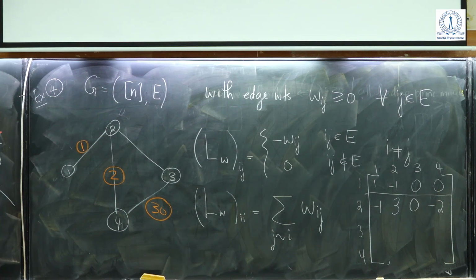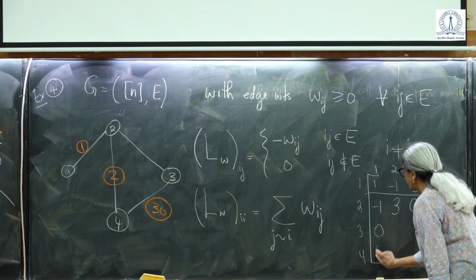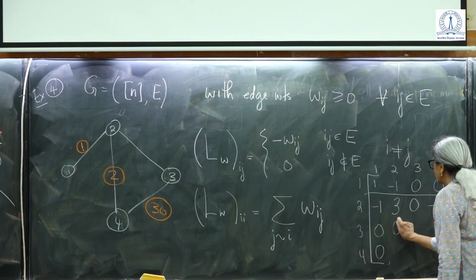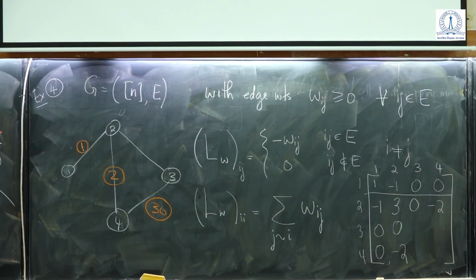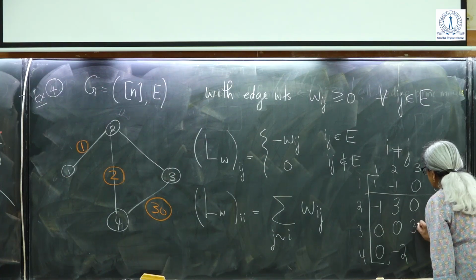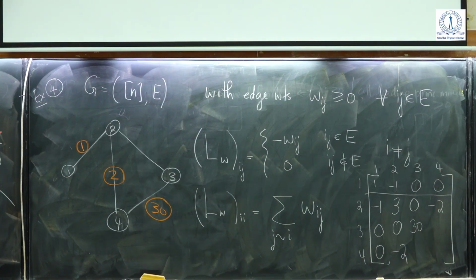Yeah, 2 and 3 is 0. Correct. That's right. It's a symmetric matrix, so I can fill this, and then I can also fill this. And then let's do 3. 3 has total weight 30. So -30, which means this is also -30, and then this must be 32. This is the weighted Laplacian.